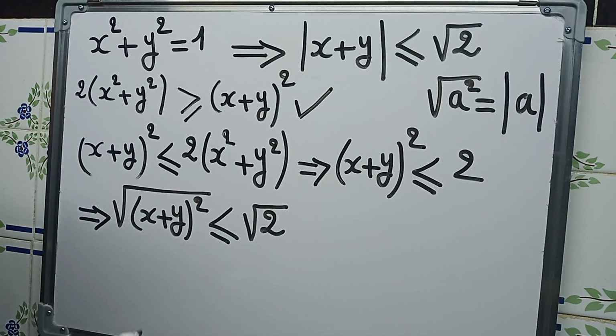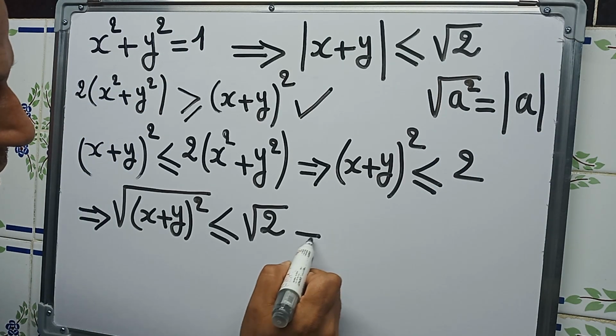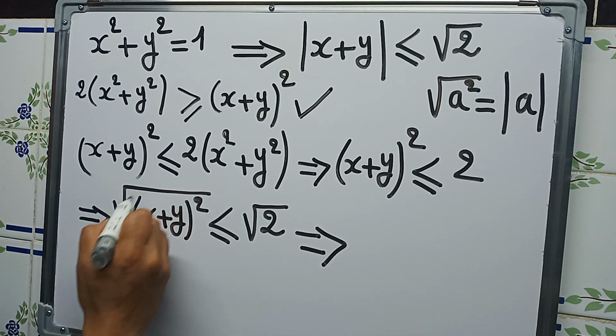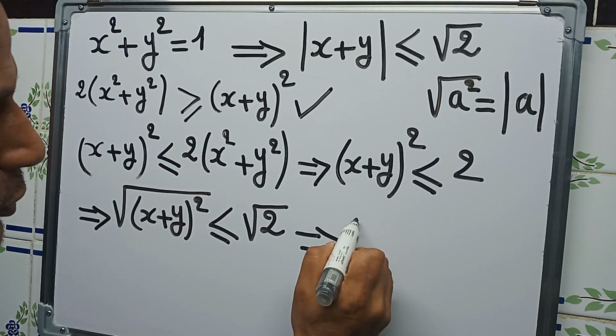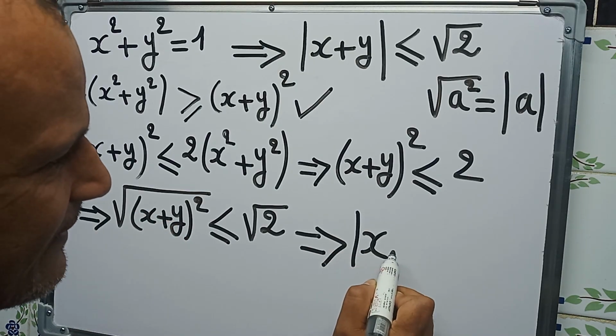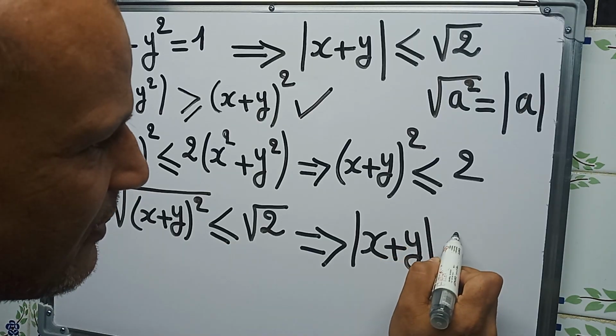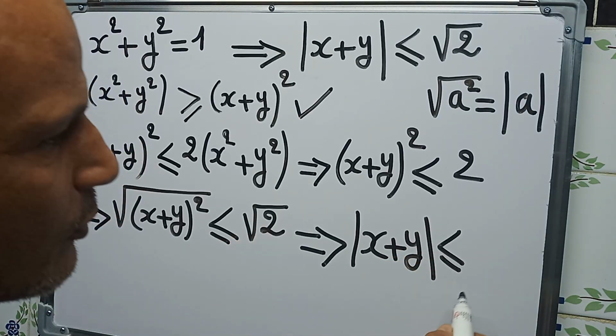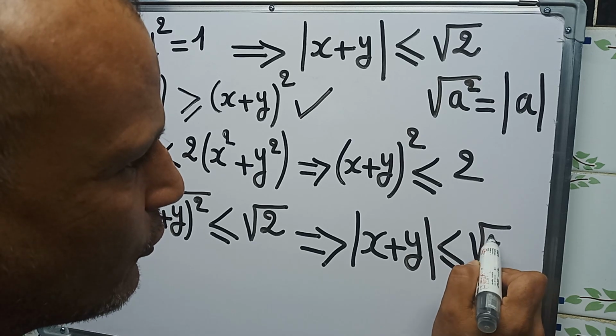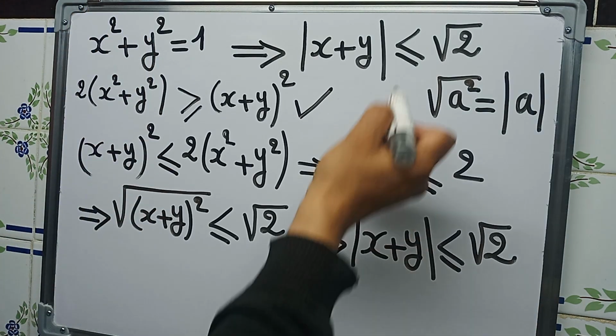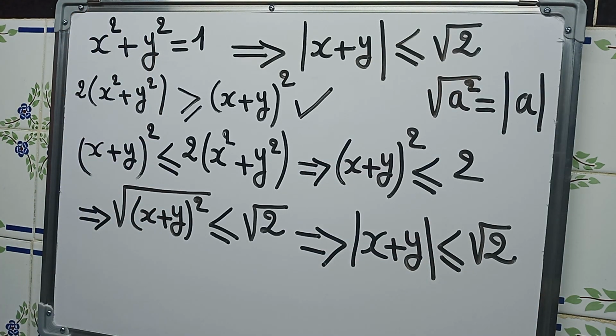We know this. So from here we have this term is equal to the absolute value of x plus y, which is less than or equal to square root of 2. And this of course concludes our problem.